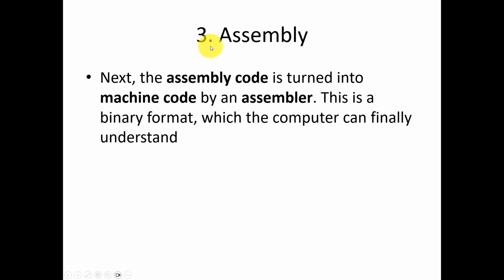But at this stage we can't execute this file, because the file which comes out after assembly is an object file, and we can't run this object file, even though it is in binary format. Why not? Because there is another step to be done in order to run the C code.